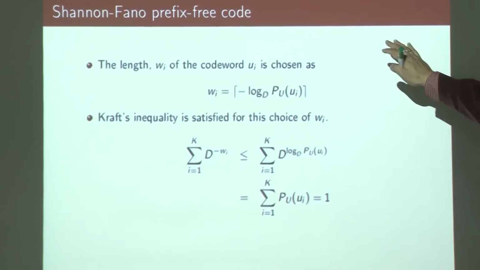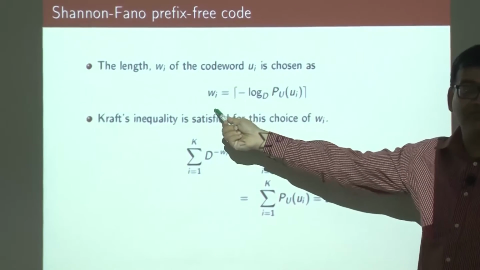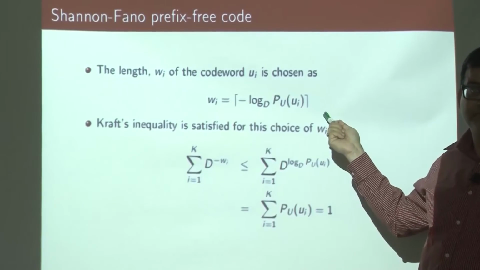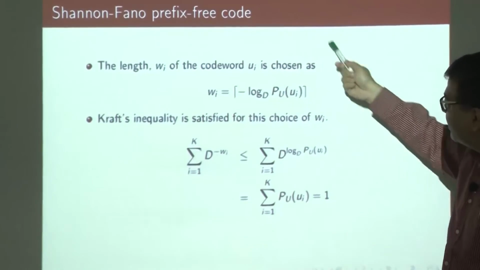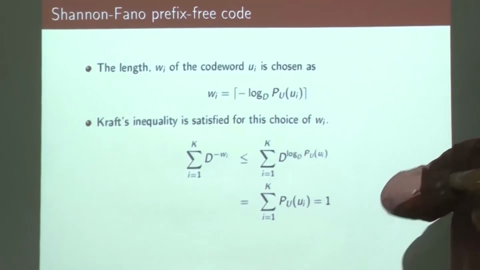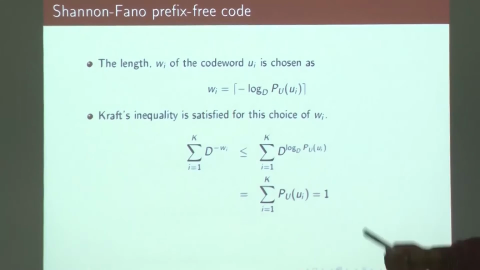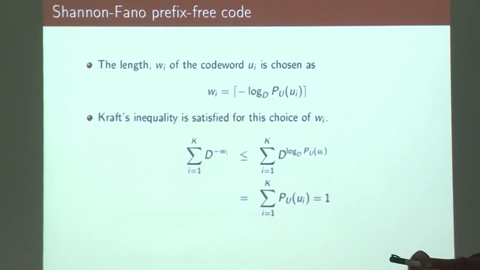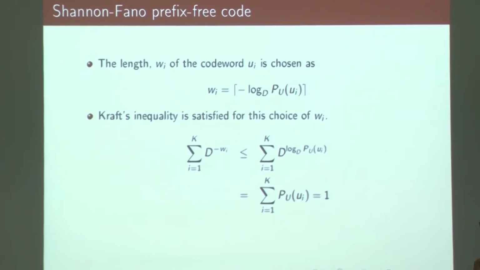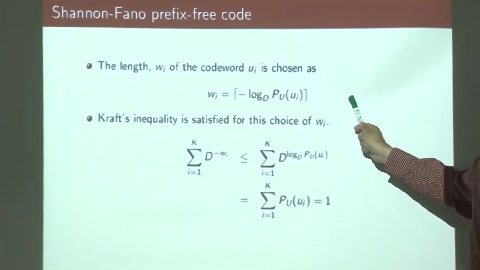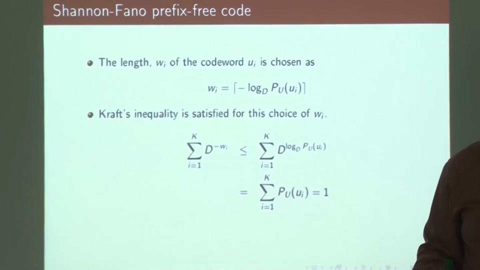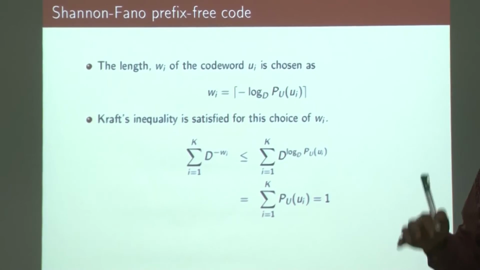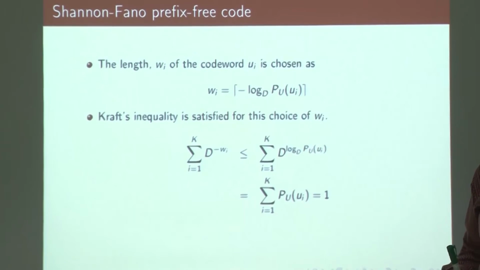So in the Shannon-Fano code, code word lengths are chosen in this particular way. You are given a random variable U, and you know the probabilities of occurrence of u1, u2, u3, up to uk. What you need to do is, using this, find out w_i. Once you find out w_i, you know how to map it to a prefix free code.